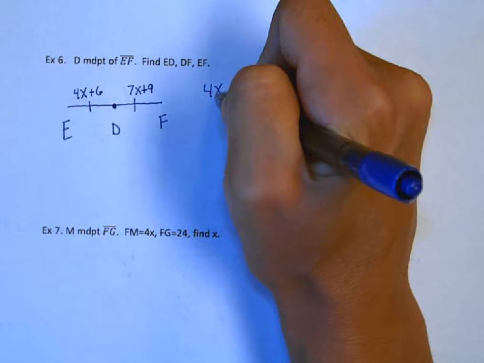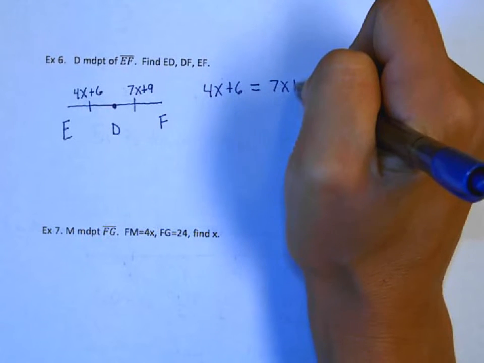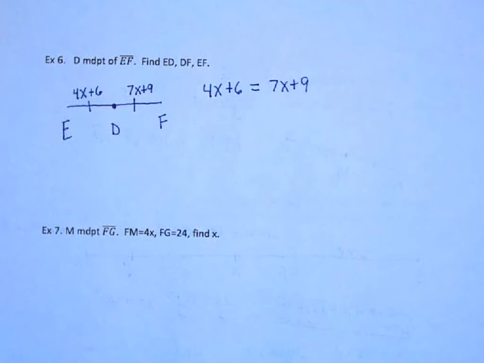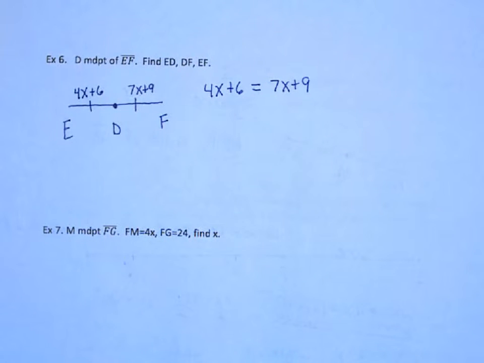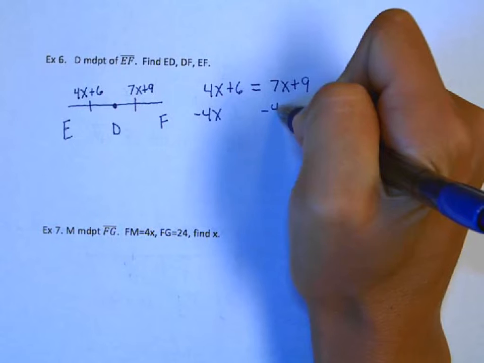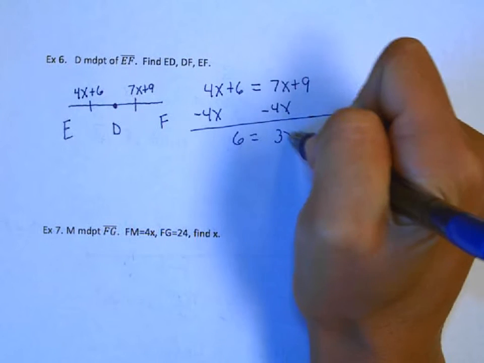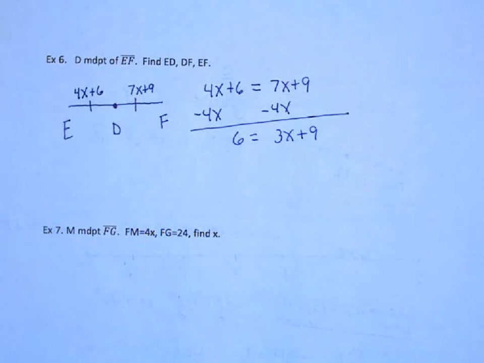So the equation is a simple one. 4x plus 6 has to equal 7x plus 9. And then your algebra skills. Crystal, what's my first step? And what do you want to do? I like that. Subtract 4x. 6 equals 3x plus 9.